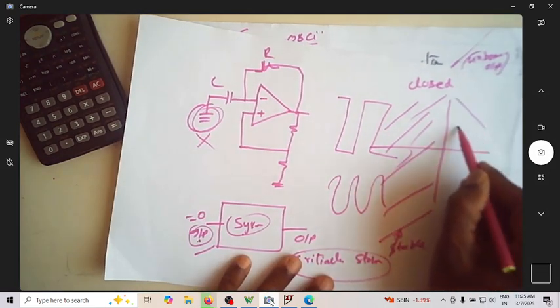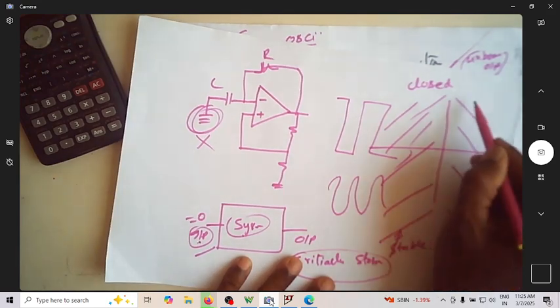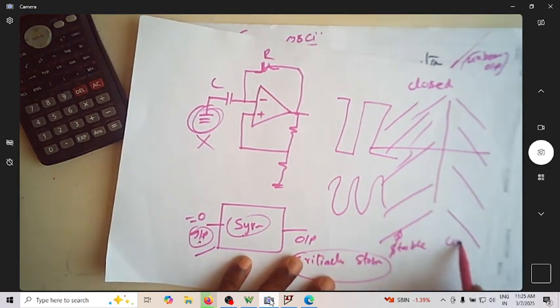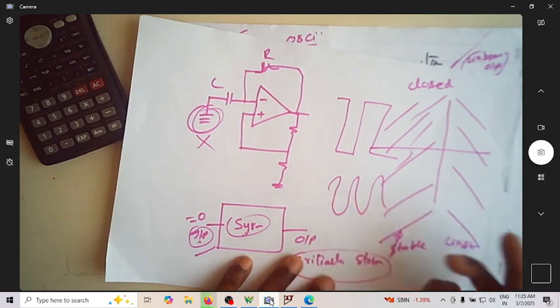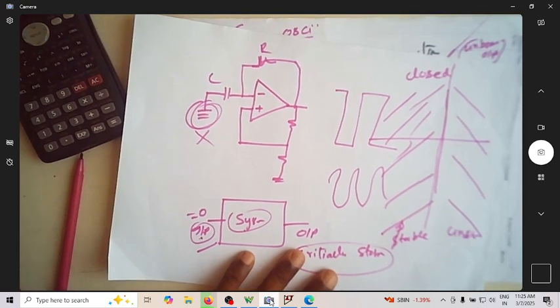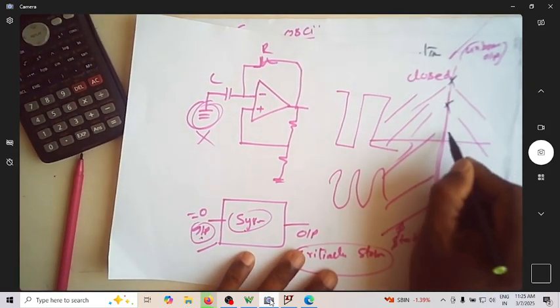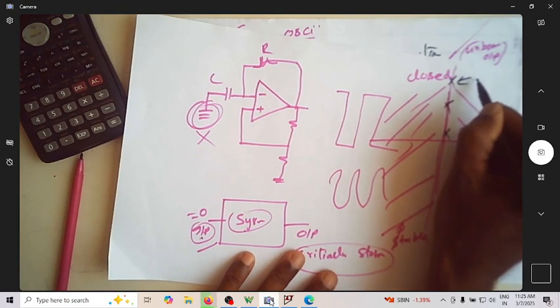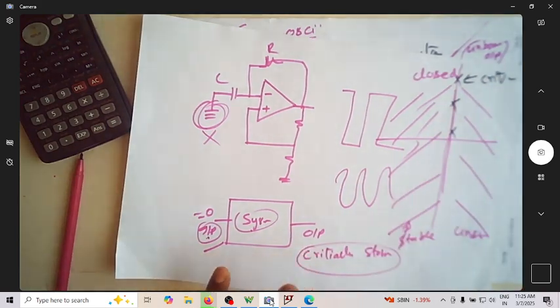If the poles come onto the right hand side, then the system is said to be unstable. What poles? Closed loop poles. If the poles are there on the imaginary axis, then it is called oscillatory or critically stable. Now you get to know why we are so worried about the pole position.